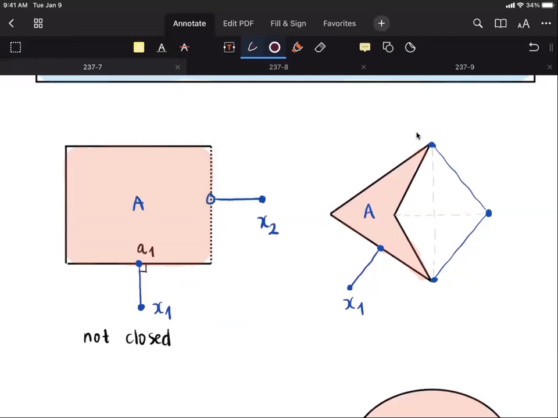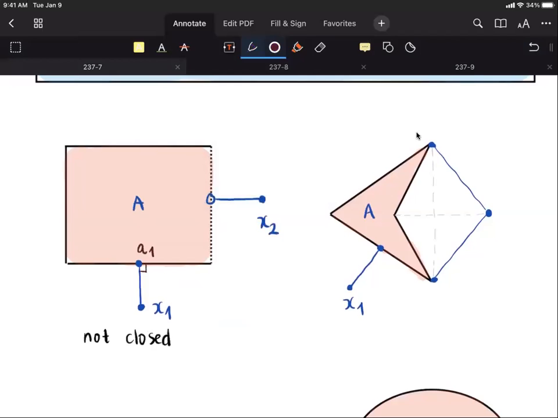However, there's a problem if you, for instance, take x2 on the right of the side where the side is open. So here, you cannot find a point in A that is closest to x2 because the right boundary is not included. So you can get closer and closer to the boundary, but you can still find something that would have a lesser distance. However, you cannot attain the smallest distance.